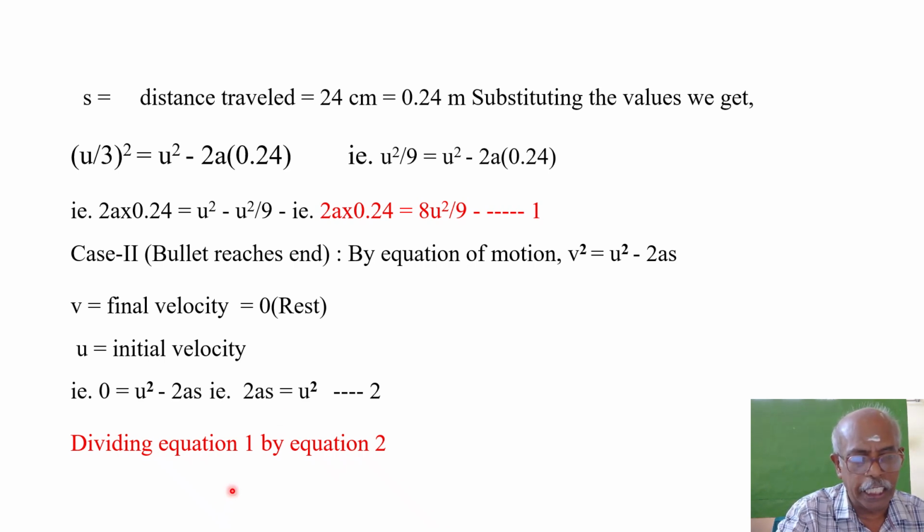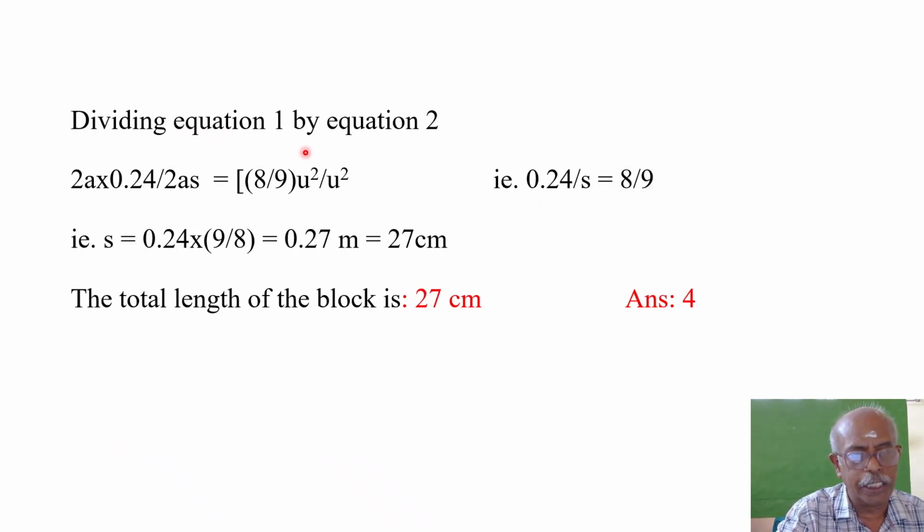Now dividing equation 1 by equation 2. 2a into 0.24 divided by 2a into s on the LHS, and on the RHS 8 by 9 u square divided by u square.